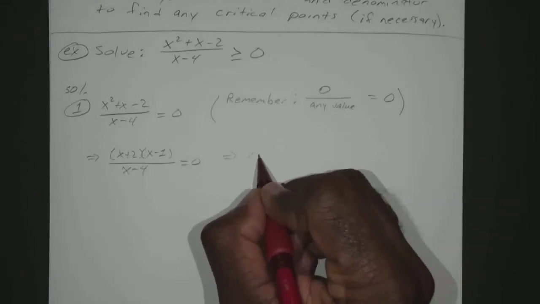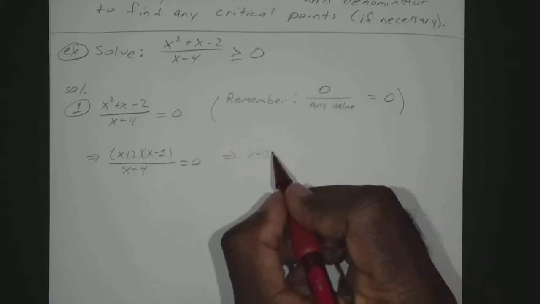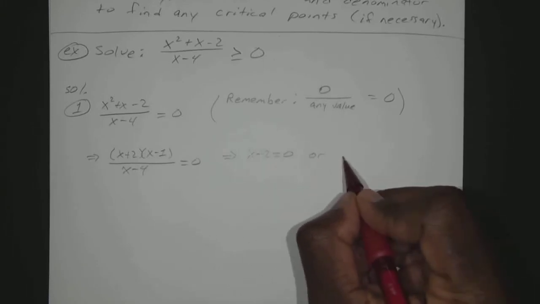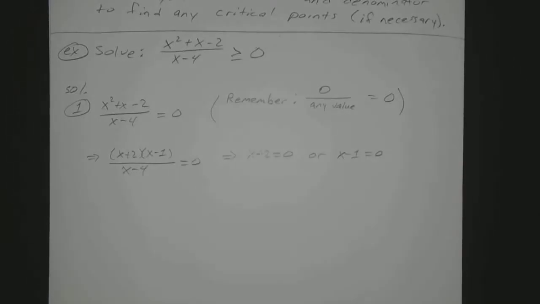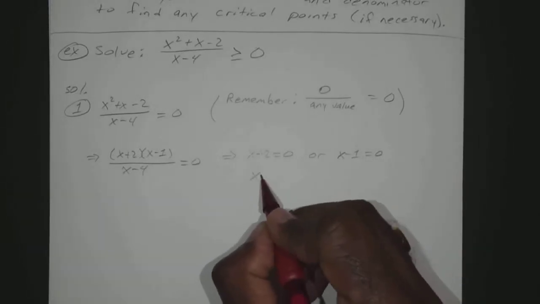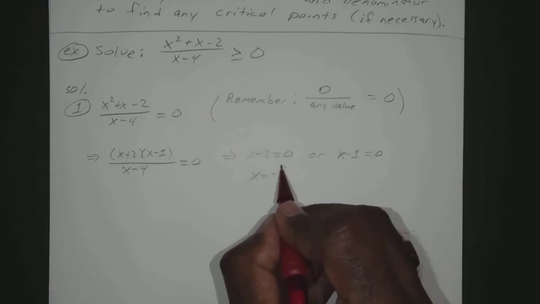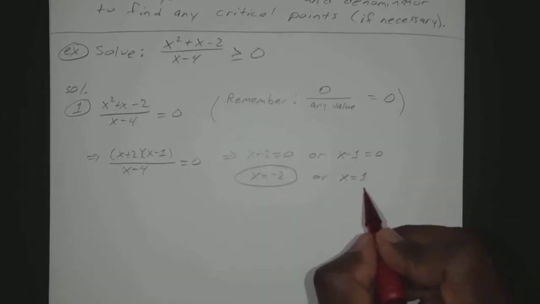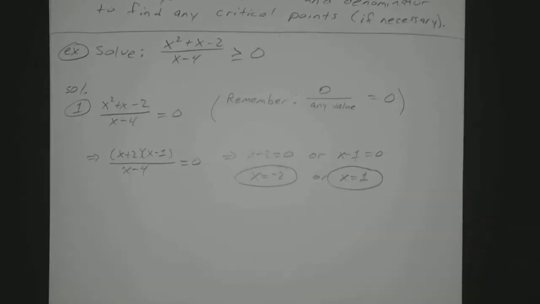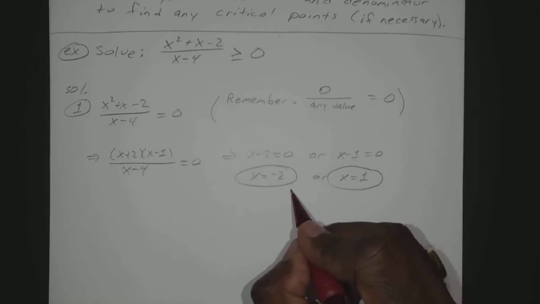So that means that x plus 2 equals 0, or x minus 1 can equal 0. Okay. So you have x equals negative 2, or x equals 1 if you add 1 to both sides. Okay. So these are your critical points.